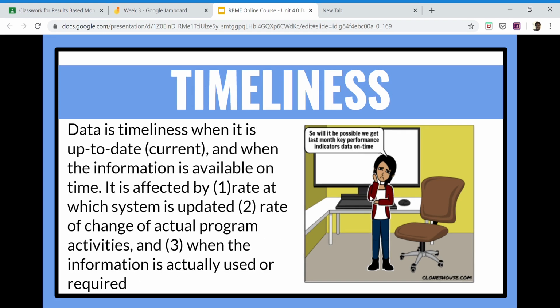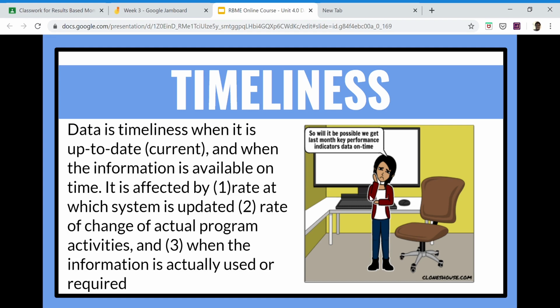In terms of timeliness, you might have encountered when an implementer is supposed to have submitted the key performance indicators for last month, but you wait for 2 months and still can't get the data, or it could be for a year, and you still have to hold on for some more months before they submit the KPIs for that particular year.